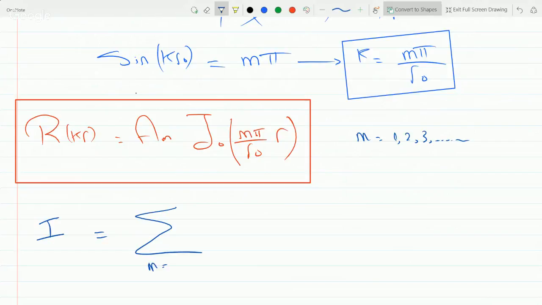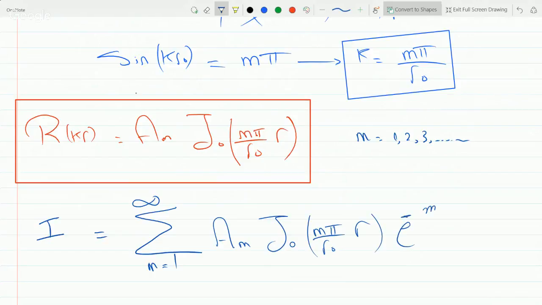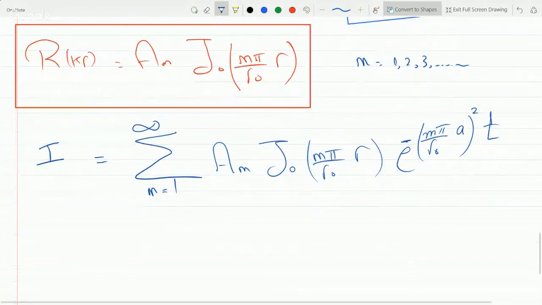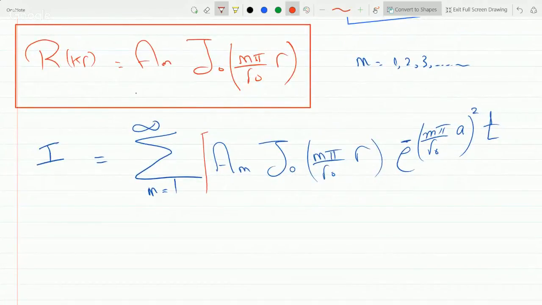So from m equals 1 to infinity, since m equals 0 does not match the boundary conditions. Some coefficient A_m J0(m pi over R0 r) times e to the minus (m pi over R0 a) squared t. And now the objective is to find this coefficient.